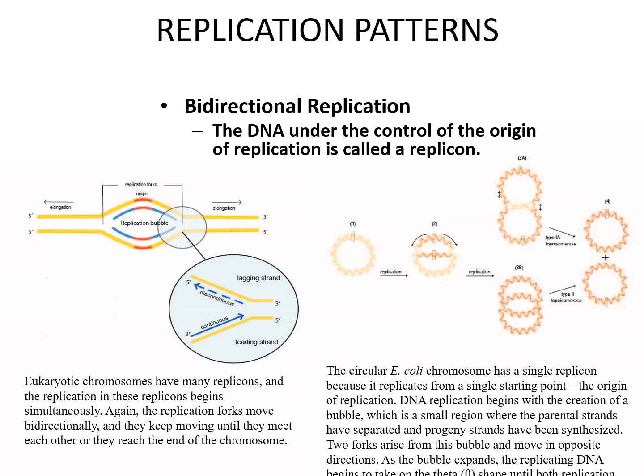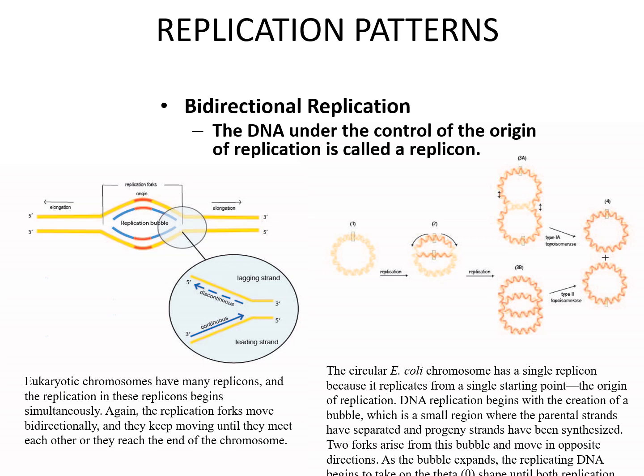DNA replication begins with the creation of a bubble, which is a small region where the parental strands have separated and progeny strands have been synthesized. Then two replication forks arise from this bubble and move in opposite directions. As the bubble expands, the replicating DNA begins to take on the theta shape until both replication forks meet on the other side of the circle.